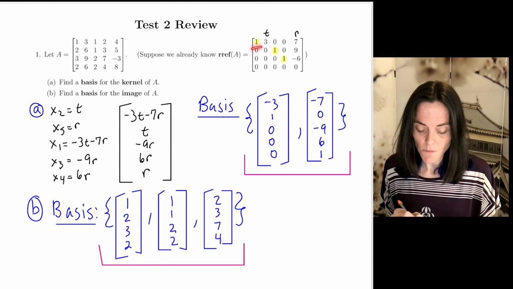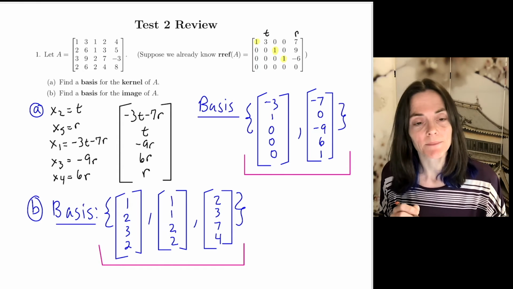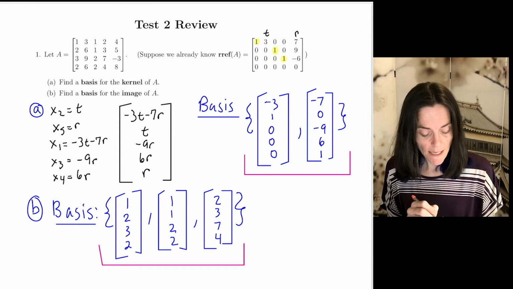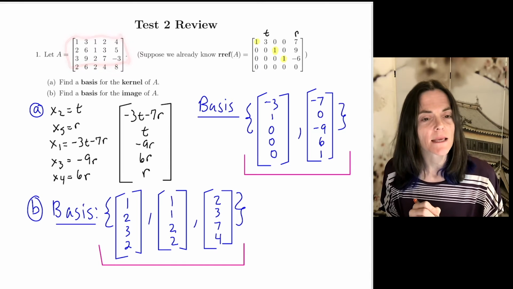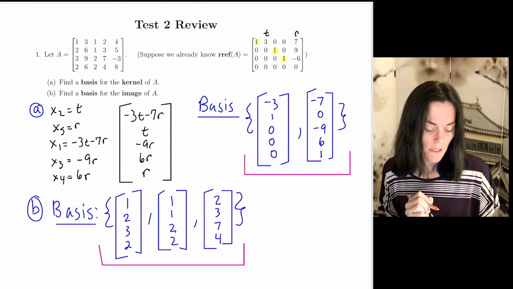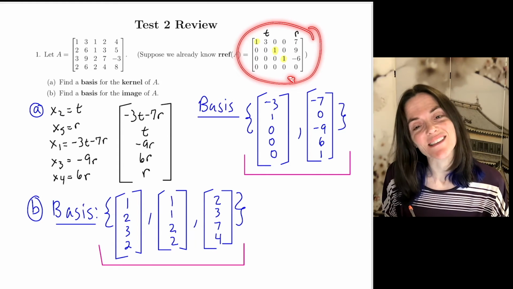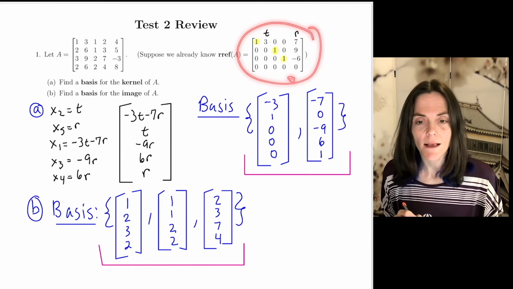So I would use this row, and this row. Now, this is not your only option. I could also use the first 3 rows of matrix A because the last row is 2 times the first. But I'll just use the first 3 rows in the reduced row echelon form of A.